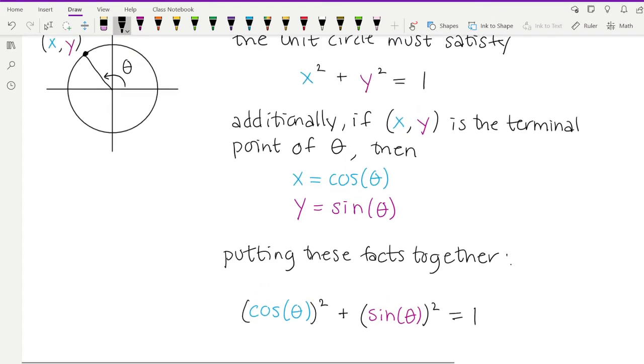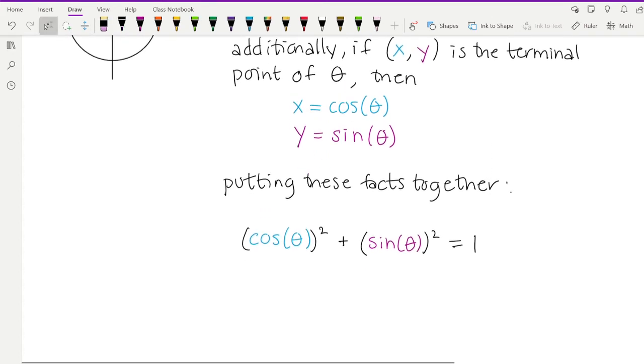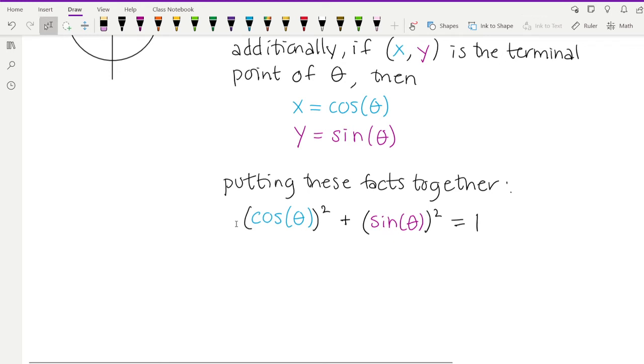So again, it just comes right from the unit circle equation. It's just replacing x and y with cosine and sine. And then there's a nicer way to write this. Instead of putting the square on the outside, which is a new notation that you have to learn, we're going to tuck it in between the cosine and the theta.